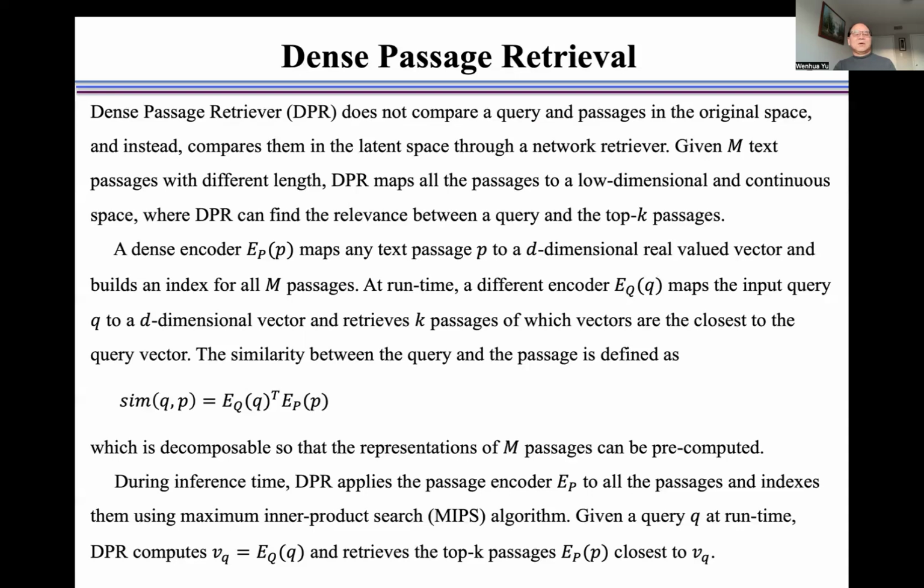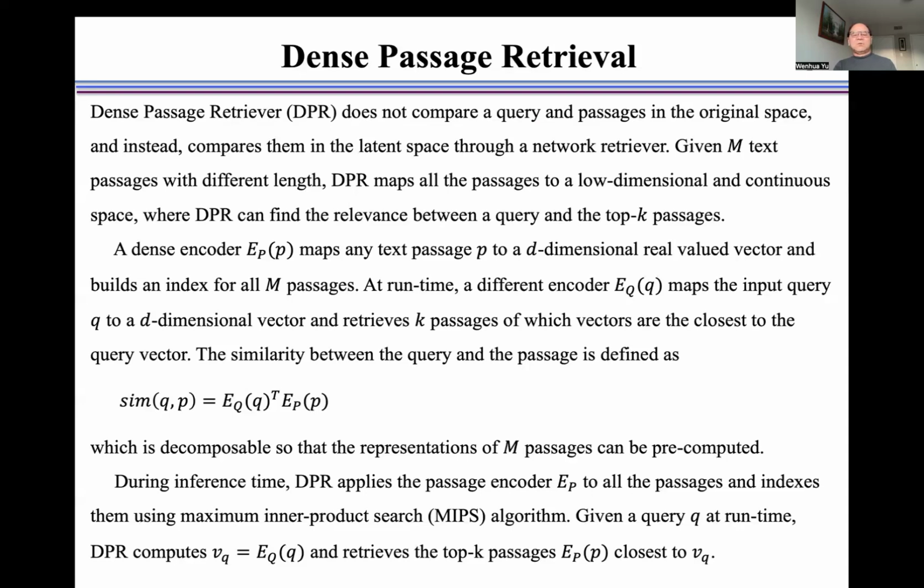A dense encoder EP maps any text passage P to a d-dimensional real-valued vector and builds an index for all M passages. At runtime, a different encoder EQ maps the input query Q to a d-dimensional vector and retrieves the k passages of which vectors are the closest to the query vector.